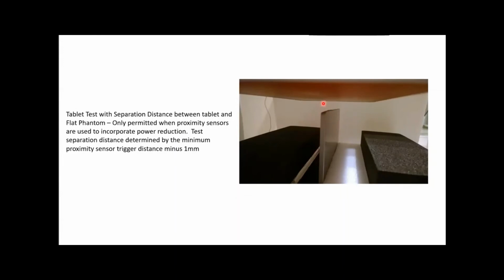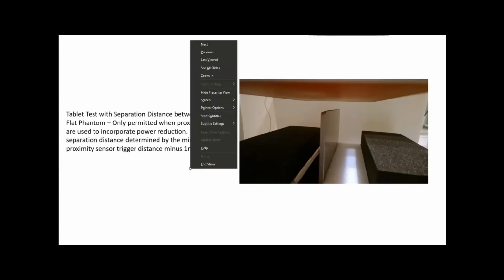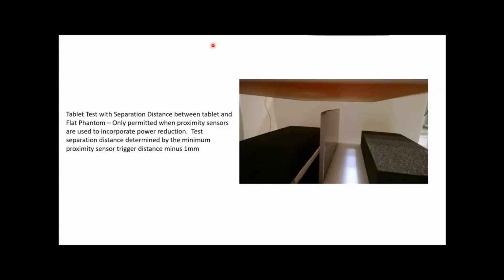We're allowed a certain distance between the phantom and the tablet itself, and we can pass SAR that way, as long as the sensor is detecting a human body next to it. And that's one of the mitigations for getting around the SAR rules.